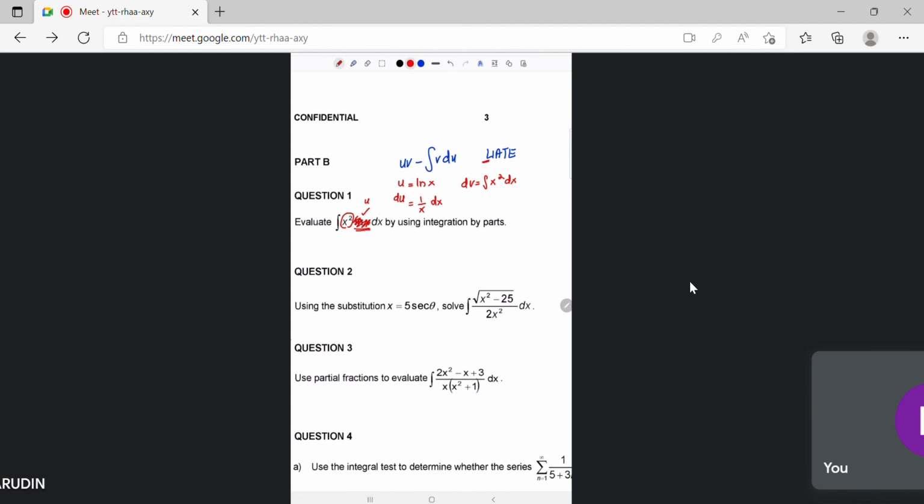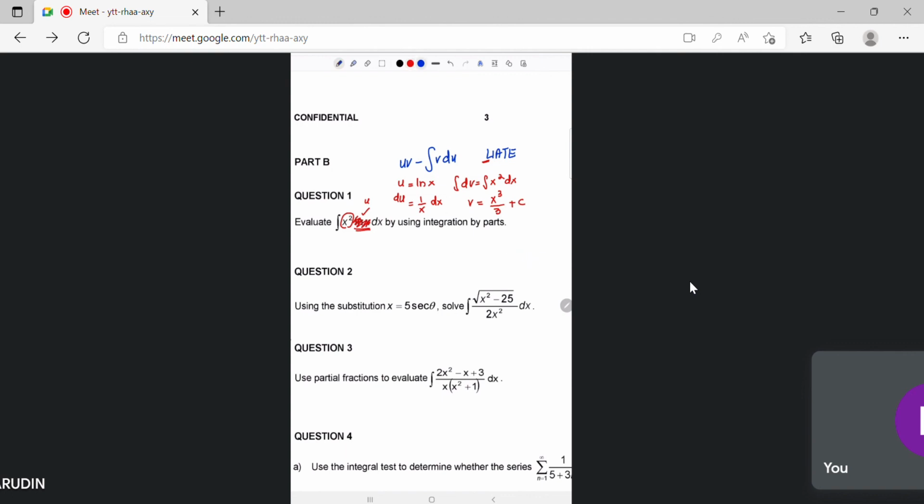Okay, so yang ini nampak tak dia ada d? D couple dia apa? Siapa couple dia? Cacing. So that's why for this part we need to integrate. So integrate dv kita akan dapat v. So integrate the x squared kita akan dapat x cube over 3 plus C. Okay.